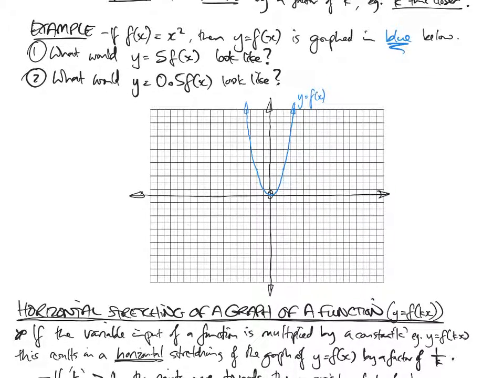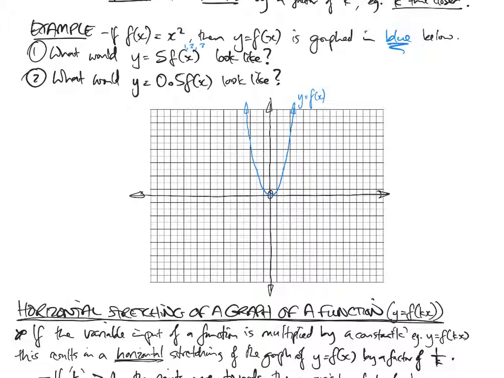To mathematically be accurate about that, we need to decide on some points for this. So if x was 1, I'm going to substitute a whole bunch of values of x into here so I can draw the graph.